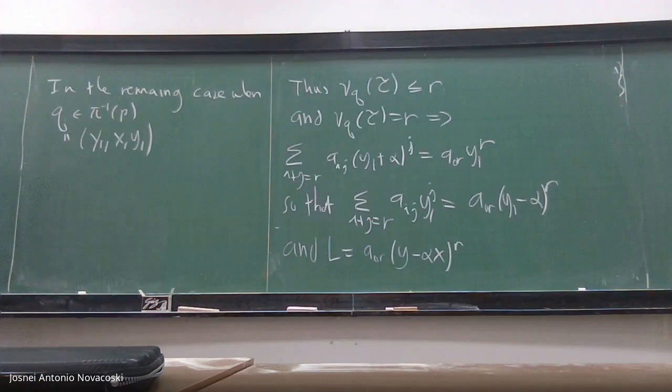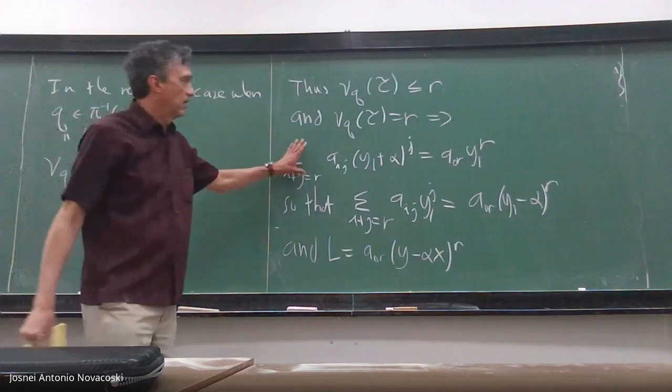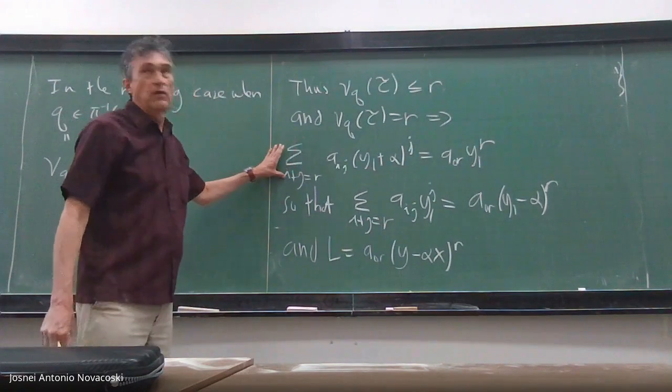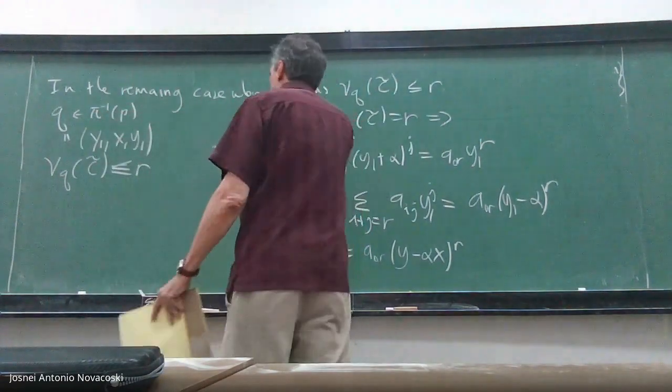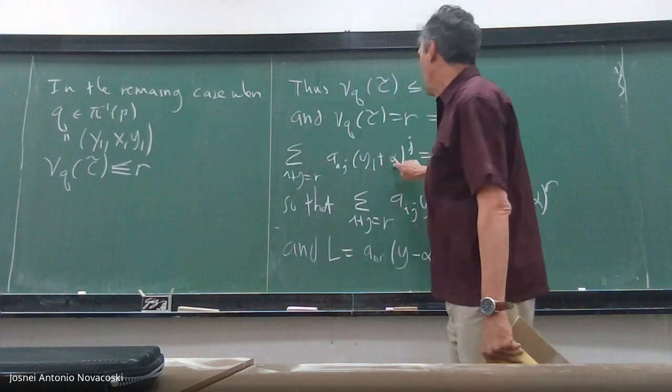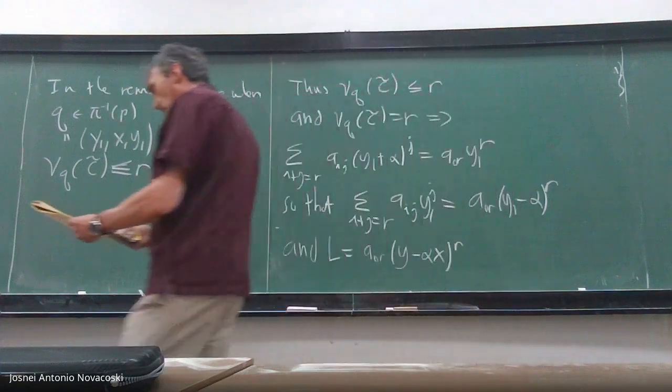Where this is the remaining case, then one can check again that the multiplicity at Q of the strict transform is again less than or equal to r. You make the corresponding calculation very similar to this one, except for the fact that the roles of x and y are reversed and alpha is equal to 0.